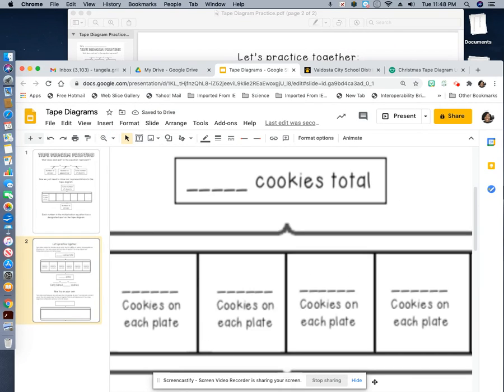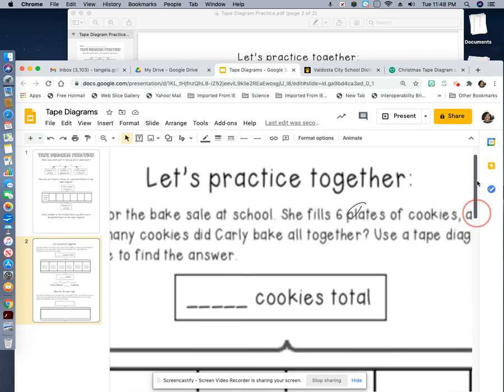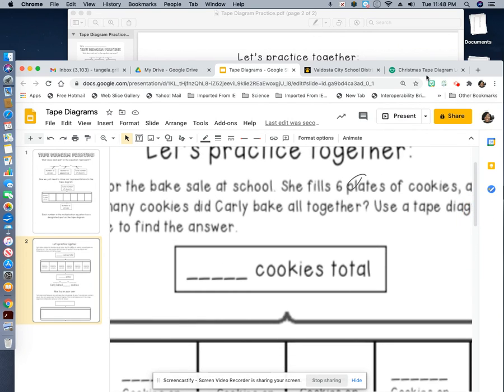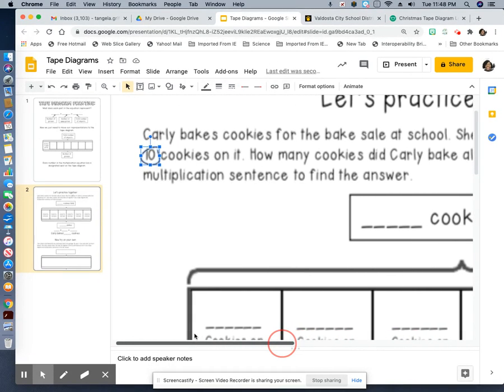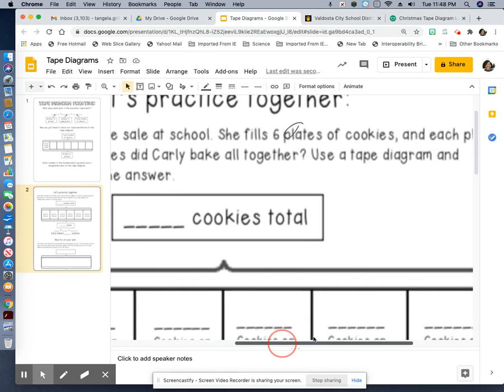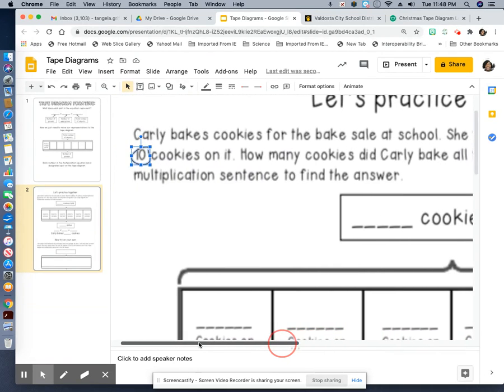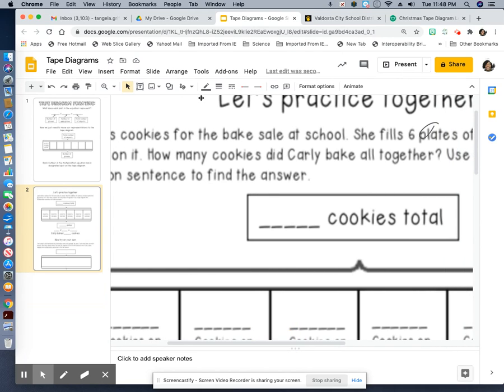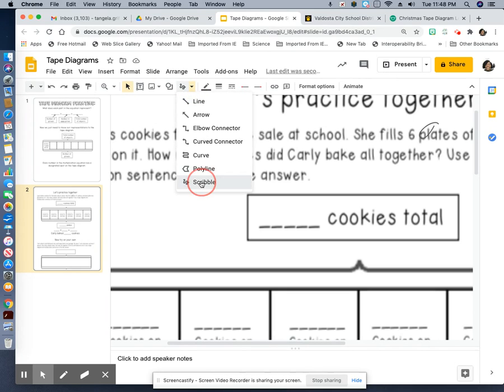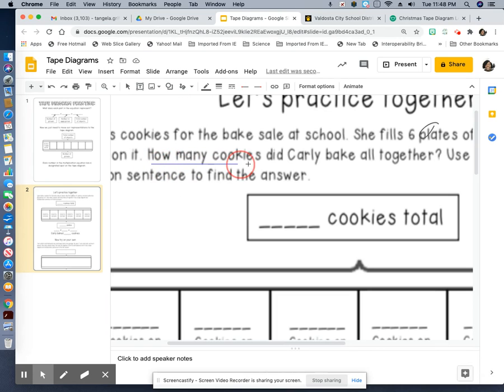Zoom in here. Okay, move it over here. Okay, so she fills 6 plates of cookies. Each plate has 10 cookies on it. And the question is, how many cookies did Carly bake all together?